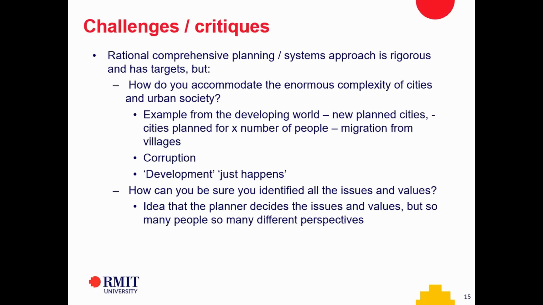Well, the problem is that the planner, as an individual human being, has their own biases, and this notion that bias or perspective would exist was not recognised in the rational comprehensive planning approach. The planner was seen as this objective entity without their own values and perspectives, rather than really just another human being who's dealing with other human beings who have different issues and different values to deal with.